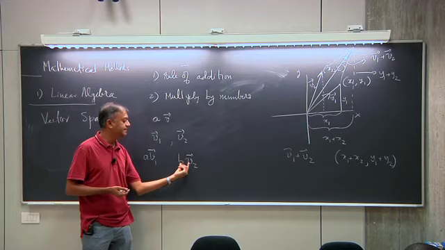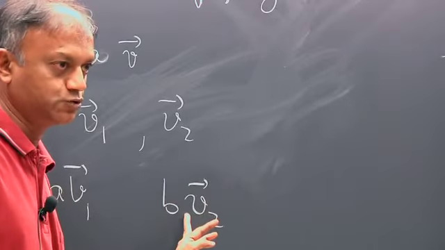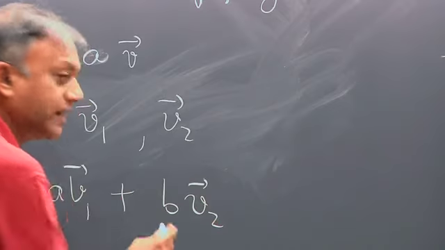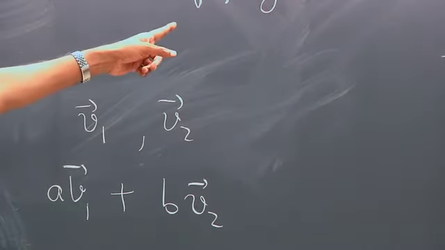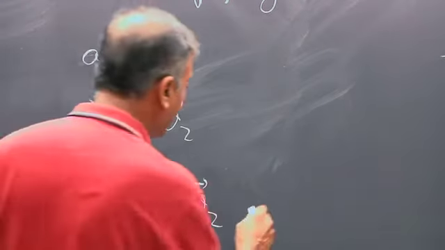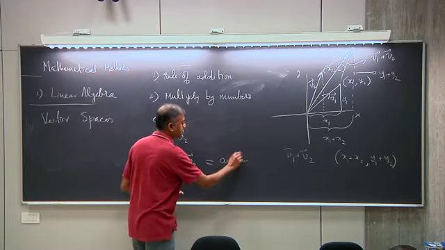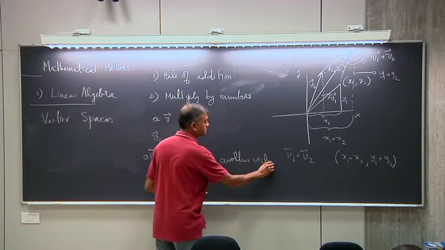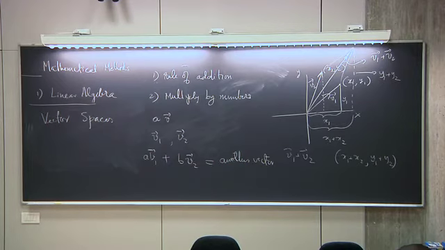Similarly, this will be b times the length of v2, with direction the same as v2. And then I can also add these two vectors, by the same rule of adding two vectors, and this will again be a vector. These are the two very important features that vectors satisfy.